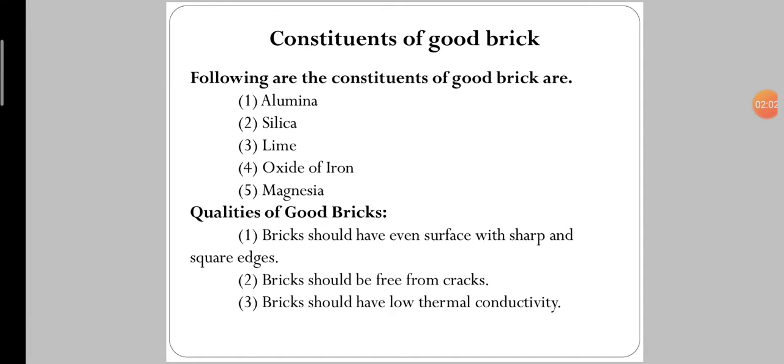Silica is 50 to 60%. Lime is around 5%. Then oxides of iron are also 5 to 6% in bricks. The remaining magnesia is a small quantity of 2%.